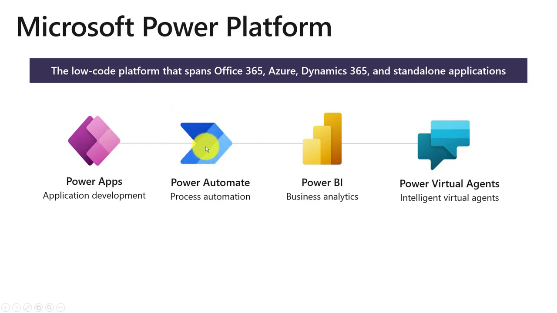The Power Platform consists of four main products, which are Power Apps, Power Automate, Power BI, and Virtual Agents, combined under one umbrella, which is the Power Platform. I made this order for the products so that it goes in a sequence, where each product gives the role to the next product so that the four products complement each other.